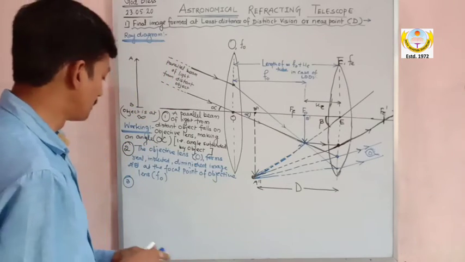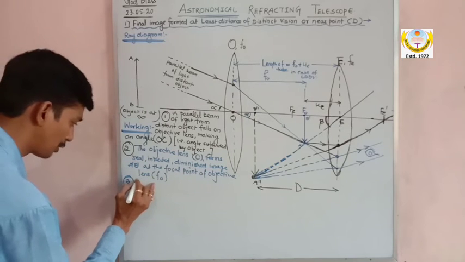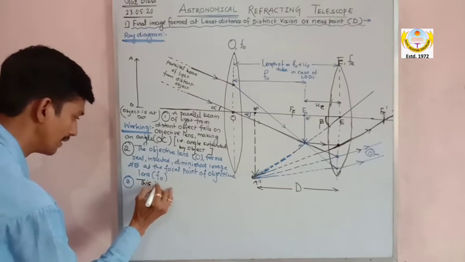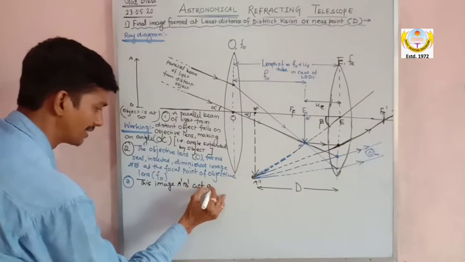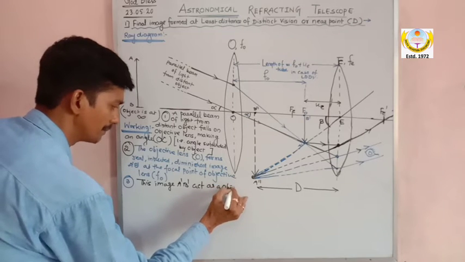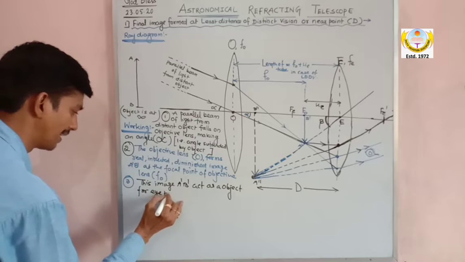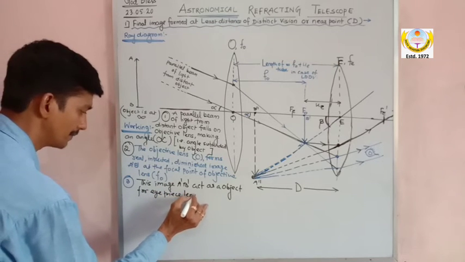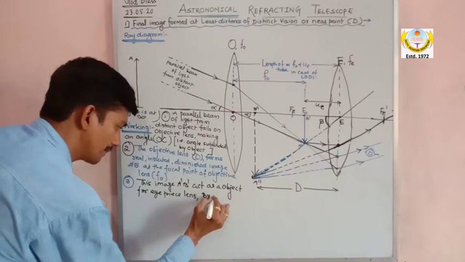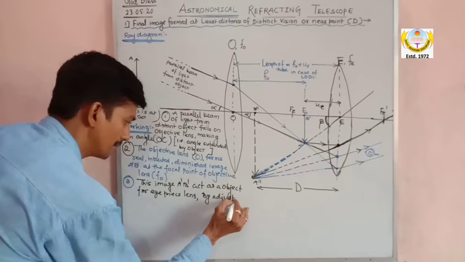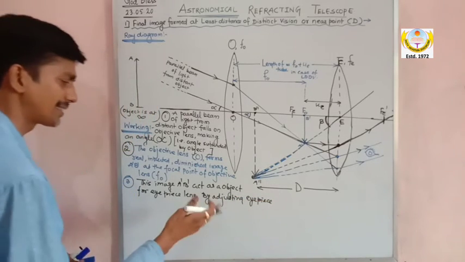So my dear, my point number 3, something like this: this image A dash B dash acts as an object for the eyepiece lens by adjusting the eyepiece lens.